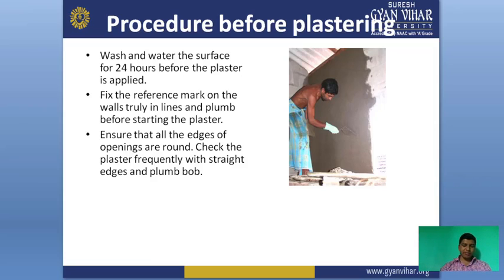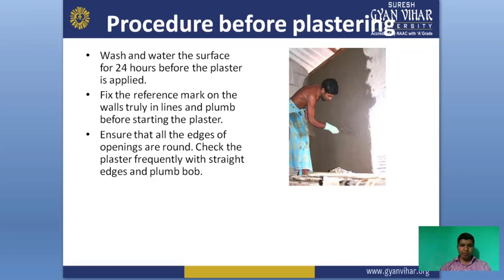The next one is to fix the reference marks on the walls truly in lines and plumb bob before starting the process. Then we have to fix the marks on walls. Third, ensure all the edges of the openings are rounded. Check the plaster frequently with a straight edge and plumb bob.